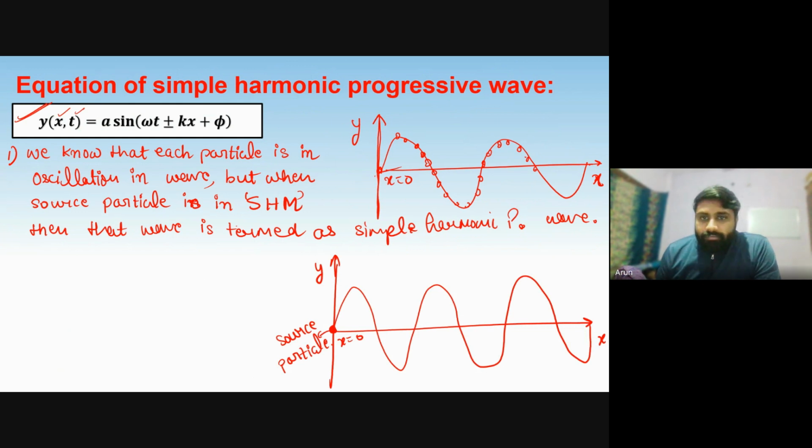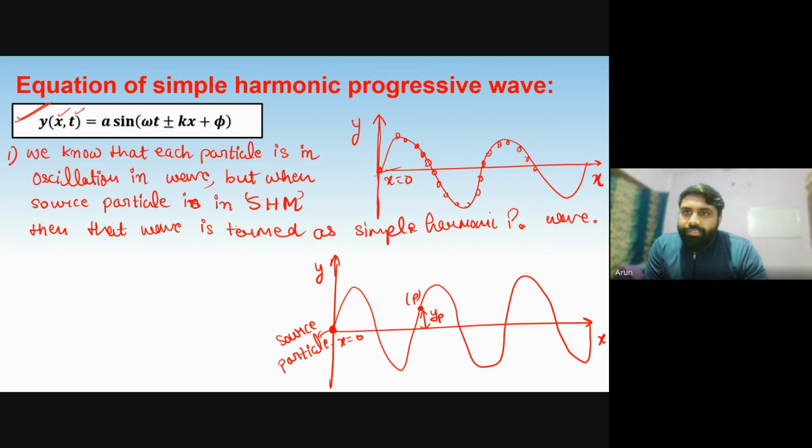Now, if I want to find the equation of this point, let's say this is the point P here, and the displacement of this point is y_P. So this is some general point in the wave. If I am able to establish the displacement for this point P in this form, I'll be able to establish the equation for all the points.